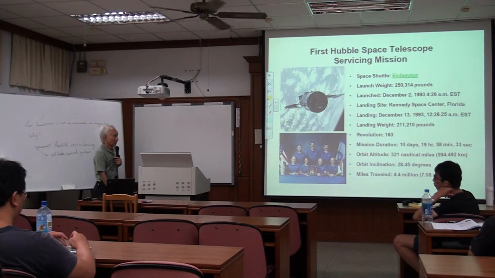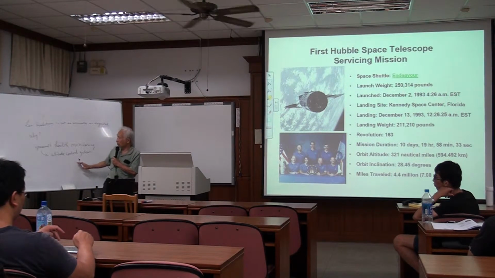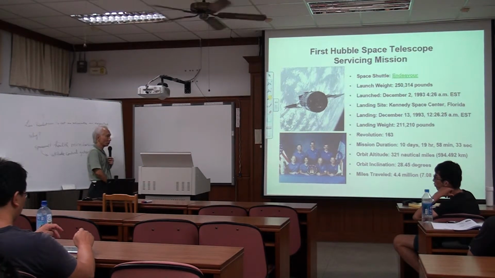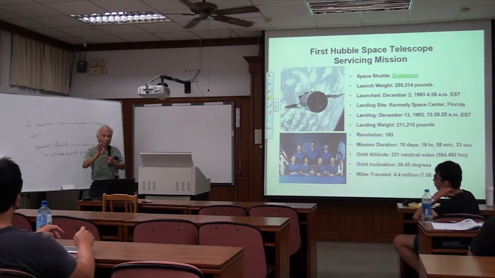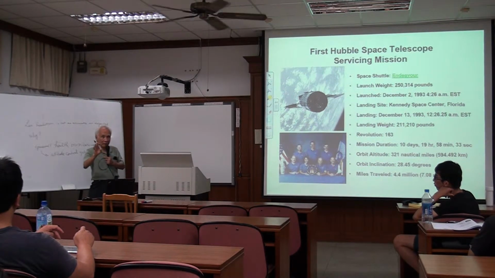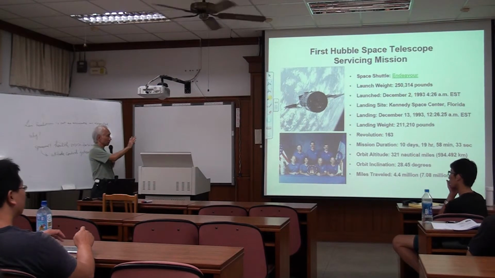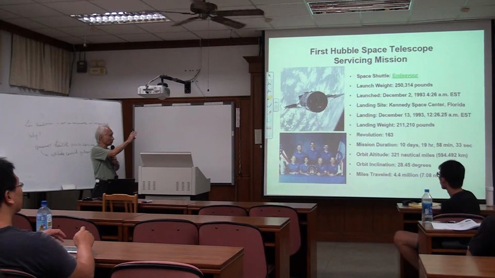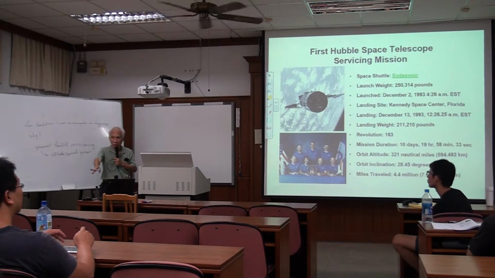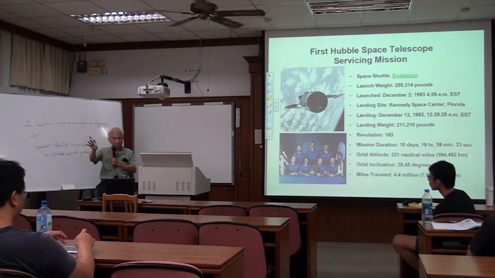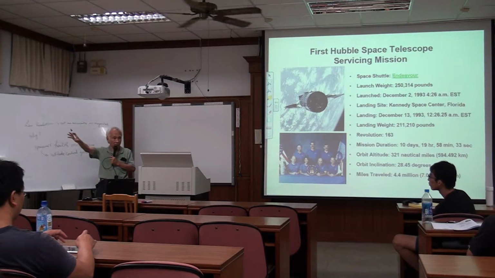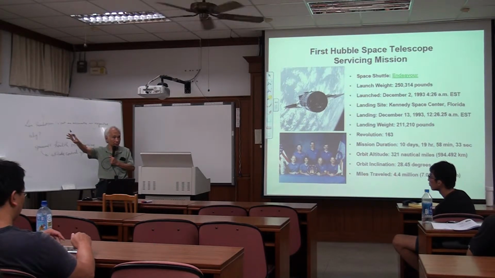Why? The attitude control system is the one supposed to control the spacecraft orientation. For example, for this telescope, we have to control the lens to the target, right?